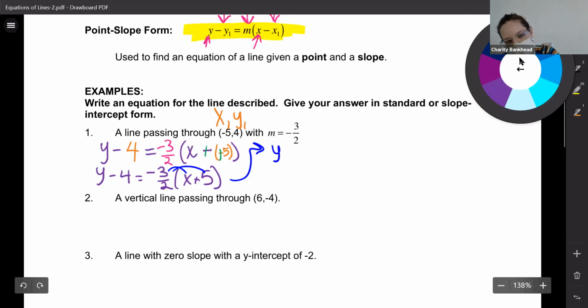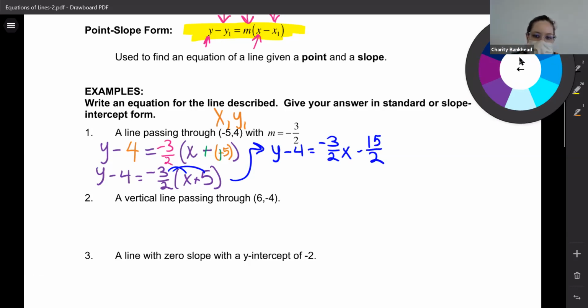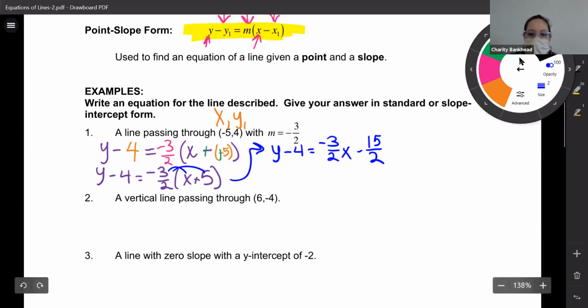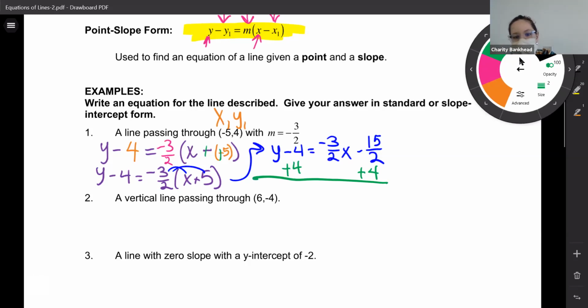So I still have y minus 4 equals, and then I have -3/2 x minus 15/2. And then I just need to add 4. So I have to do -15/2 plus 4.